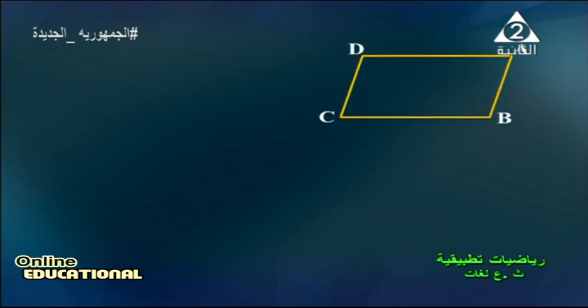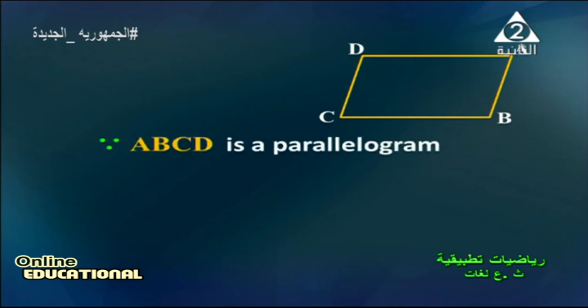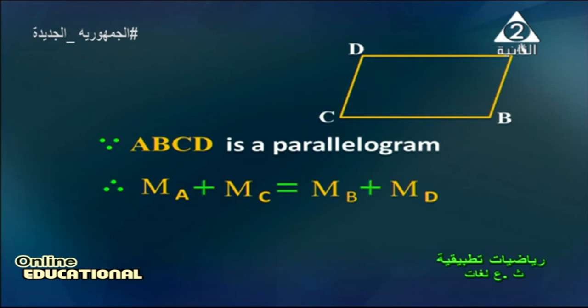Now we have ABCD is a parallelogram. And we know that the moment about A plus the moment about C equals the moment about B plus the moment about D. A and C are the two endpoints of the first diagonal AC, and B and D are the two endpoints of the second diagonal BD.